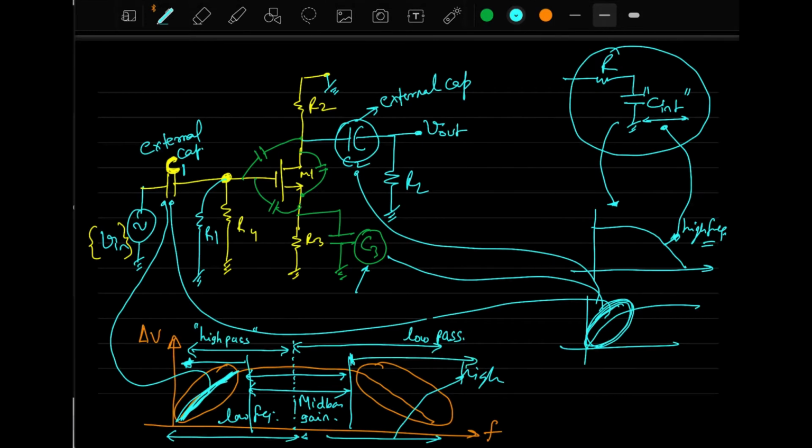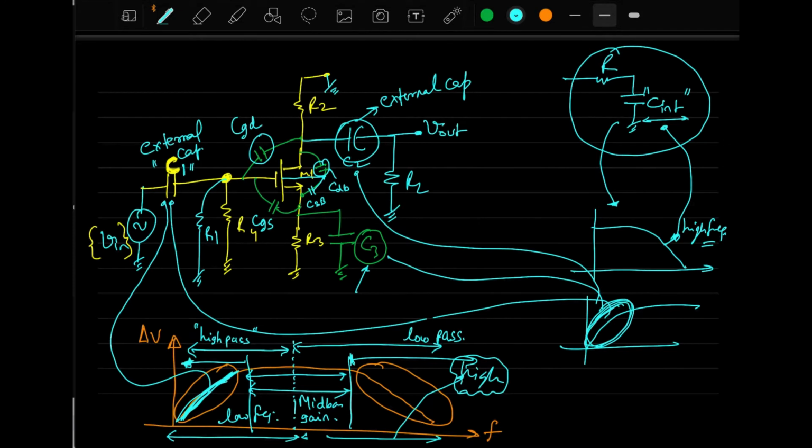Now note that in the low frequency region, the capacitances responsible are the external capacitances C1, C2, C3. Whereas in the high frequency region, the capacitances responsible for the roll off of the gain are the internal capacitances like CGD and CGS, then CD bulk, and CS bulk.